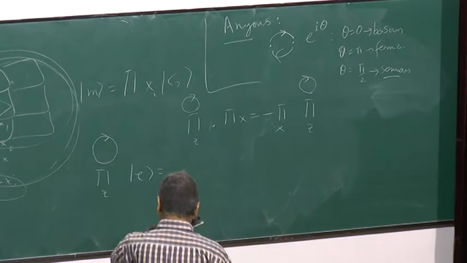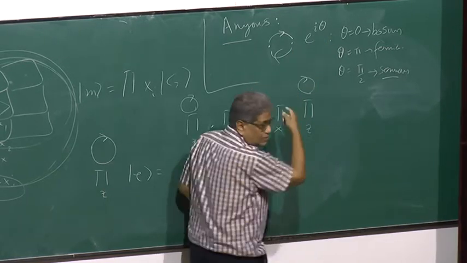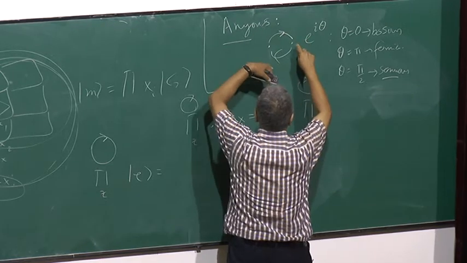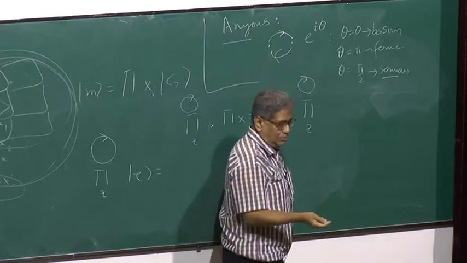So if you take two semions and exchange them, the wave function picks up e to the i pi by 2, which is i. So two semions, if you exchange them in the clockwise sense, you pick up an i. If you exchange them in the anti-clockwise sense, you pick up a -i.